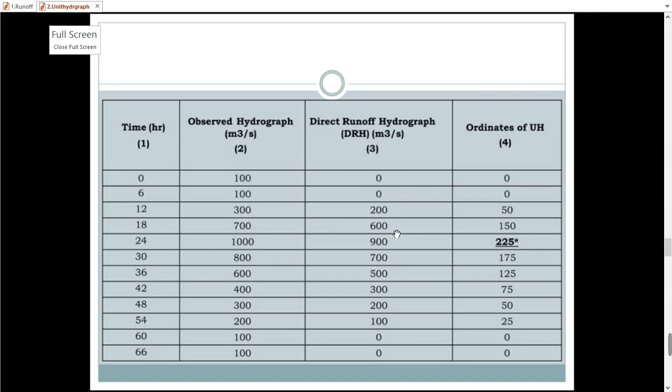How does 600 come? 100 plus 100. 300 plus 100, 400, 500.